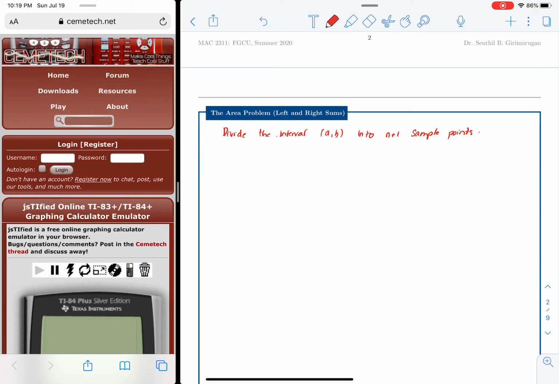So the width delta x is simply the upper minus the lower divided by the number of sample points that we need.